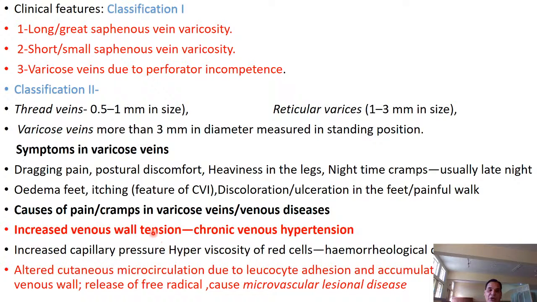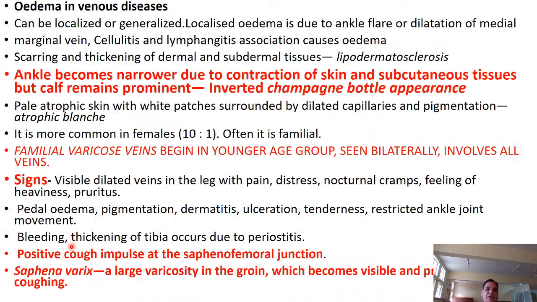More important among the symptoms is the cutaneous manifestation. What are they? It is a disturbance in the leukocyte adhesion and accumulation in the venous wall, and they are causing the vascular skin lesions in a varicosity. Okay, so it is mainly types of vein, the clinical feature of dragging pain, edema, and the cutaneous manifestation.